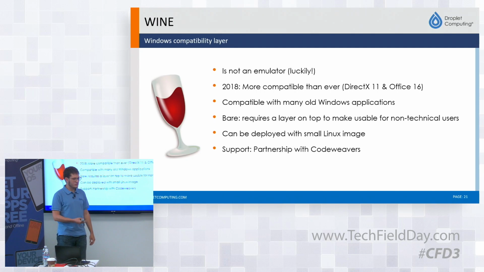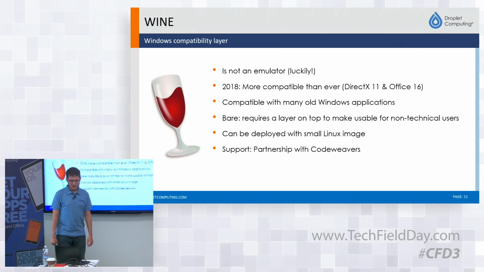And it provides the Windows API. So Wine has an implementation of the Windows API, of the Win32 API, in terms of the APIs that Linux provides.